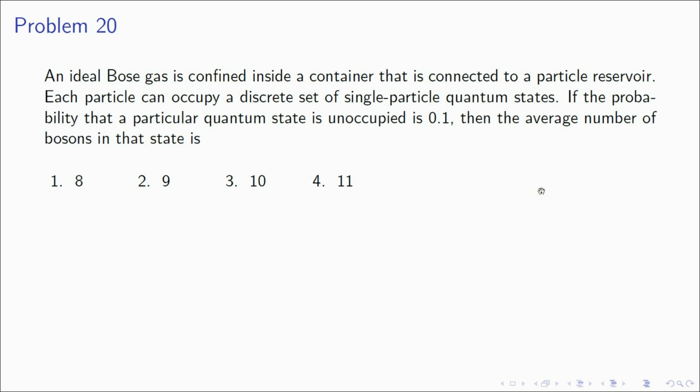Okay, so the probability that there are n particles in energy state E is basically given by this. It's k into e to the power minus n beta E, where k is a constant. It's given that the probability that the state is unoccupied is 0.1. So if n is 0, then you get the probability as 0.1.